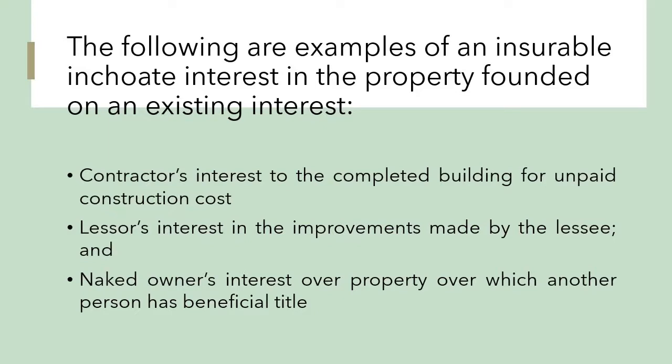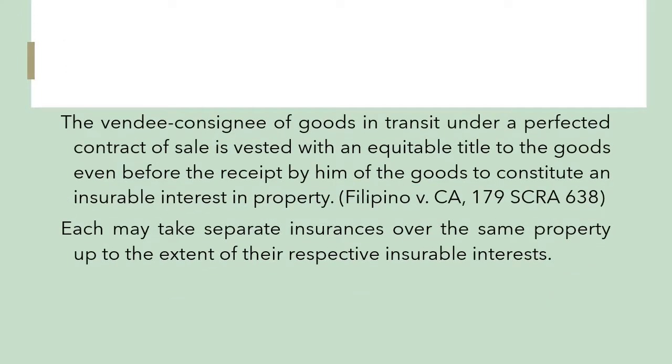Naked owner's interest over property over which another person has beneficial title. A vendee or consignee of goods in transit under a perfected contract of sale is vested with an equitable title to the goods even before the receipt by him of the goods, to constitute an insurable interest in property. Filipino versus Court of Appeals.